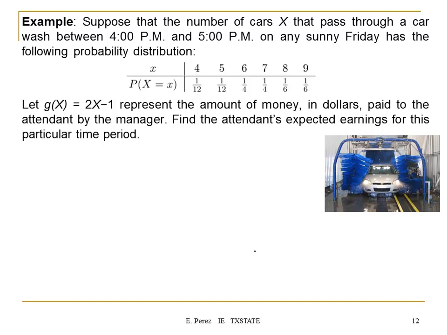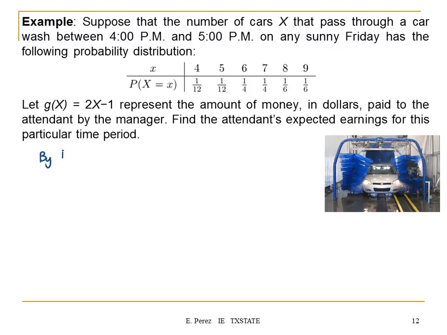We're going to evaluate those random variables using this function, and we're going to find the expected value. Are we clear what we want to do in this problem? Now we are not just looking at the outcome itself, we're going to evaluate that outcome with a function, g of x.